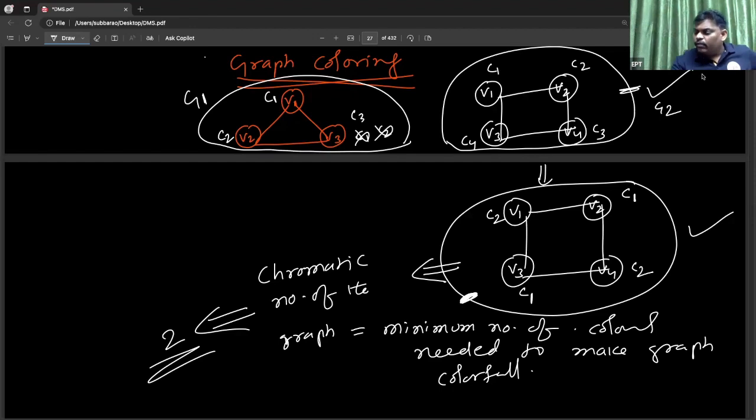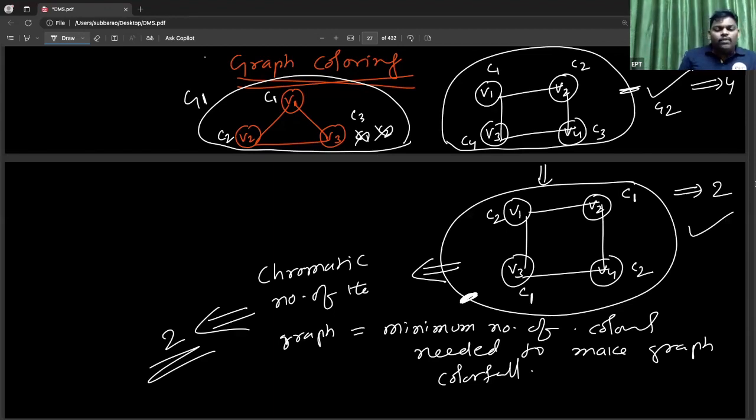For G1, if you color blindly, 4 colors are required. If you use a little common sense, 2 colors are enough. So for G2, the chromatic number of the graph is 2. Whenever 2 is possible, definitely 3 is possible, 4 is possible, 5 is possible.